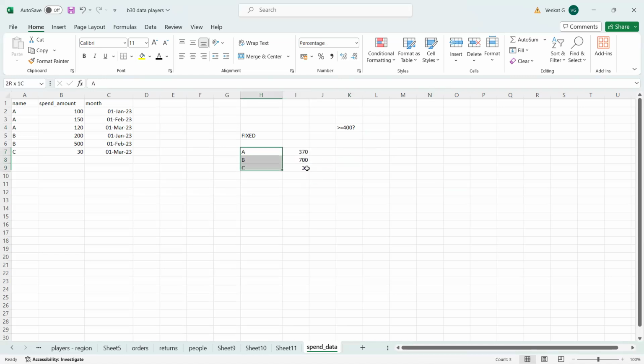Once you aggregate the data for each name, I can simply evaluate this condition for each and every person. Only person B has sum of amount spent greater than 400. So my final answer is 1 here, the count of persons.